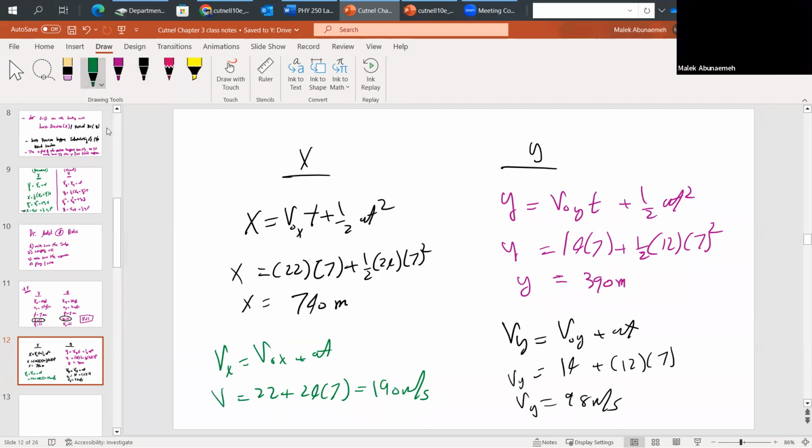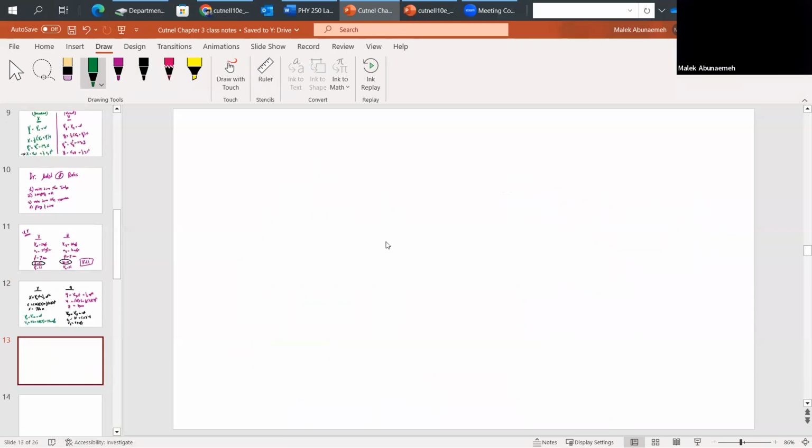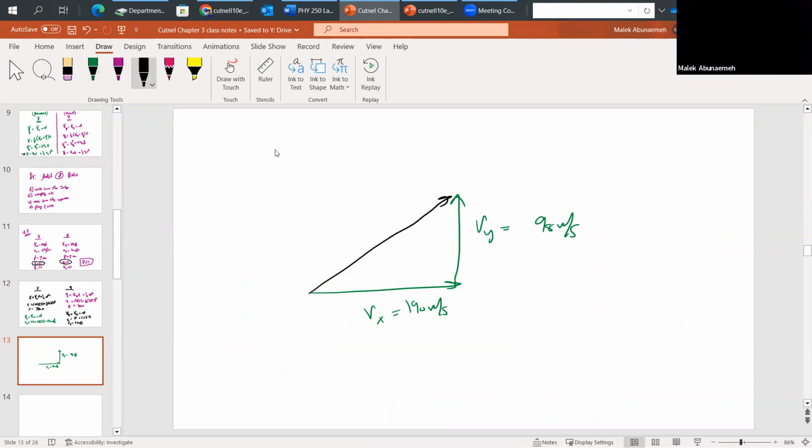This is your final velocity in the x, which means that we have a resultant of v of x, which is 190 meters per second. You got your v of y, which is 98 meters per second, which is the resultant for your v with an angle theta.